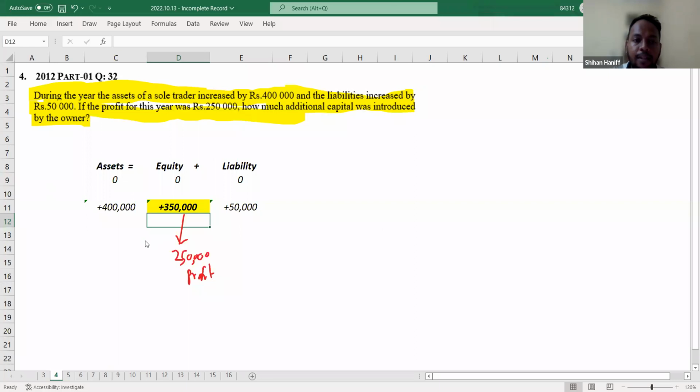And the remaining is the additional capital. So how much is additional capital? 100,000. So answer is 100,000. Is that clear?